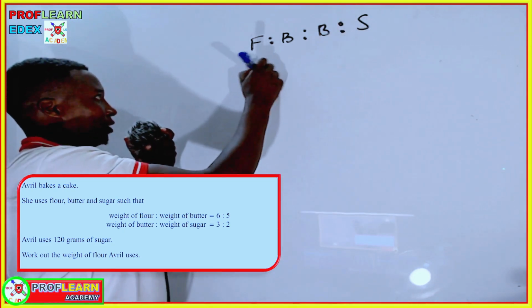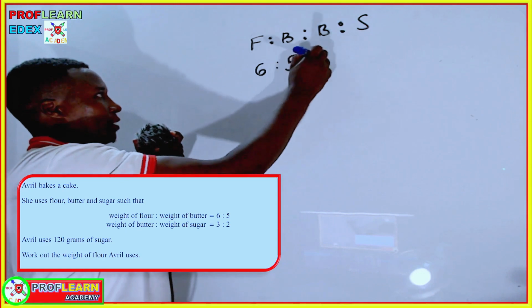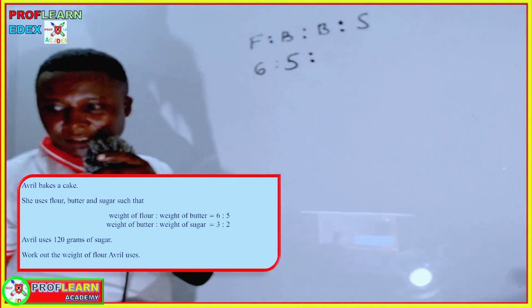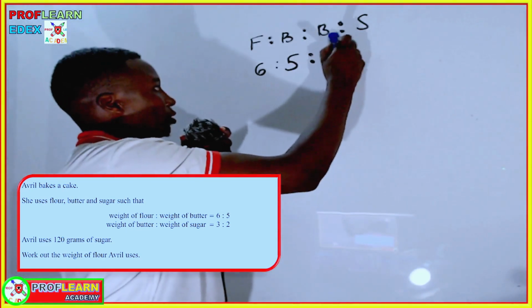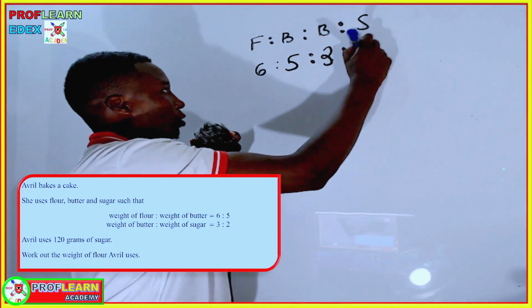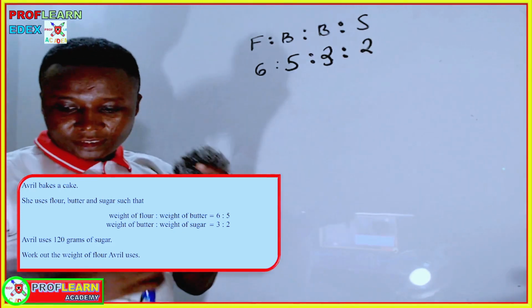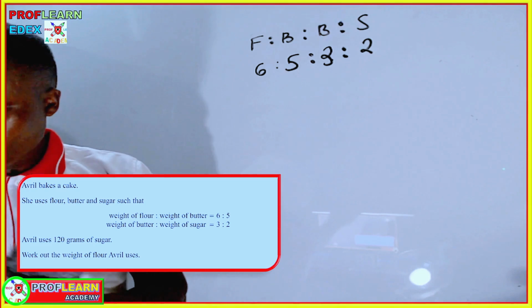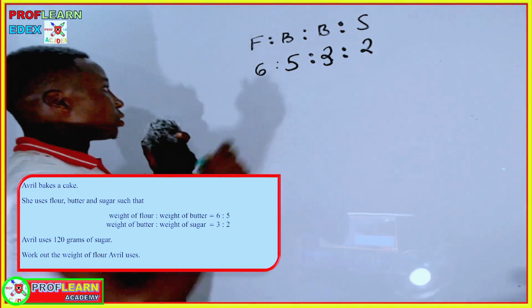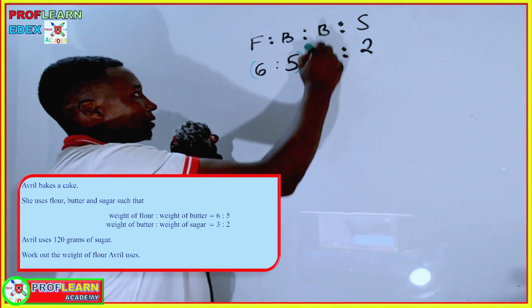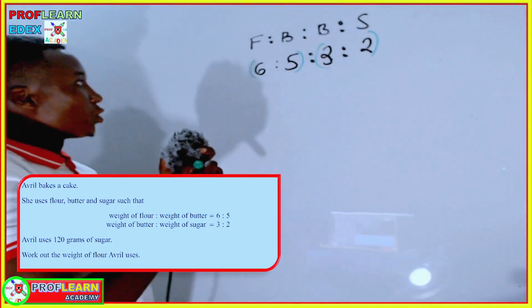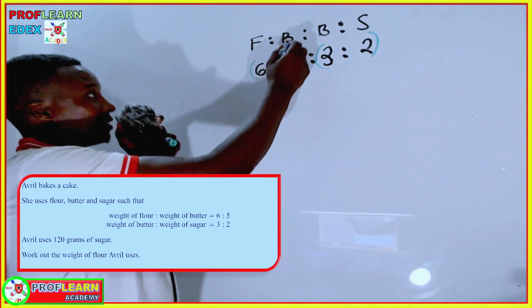The first ratio is 6:5, followed by the second ratio, 3:2. So at this given point, we are going to group these two together, and then we are trying to ensure that butter is the same.